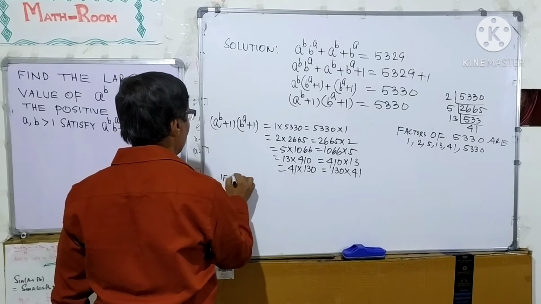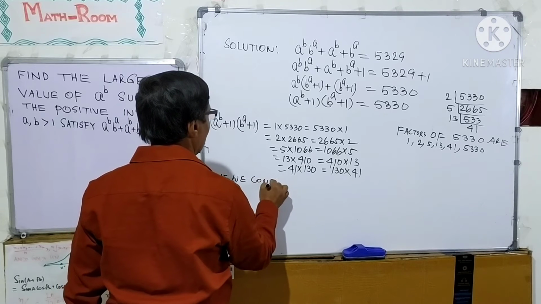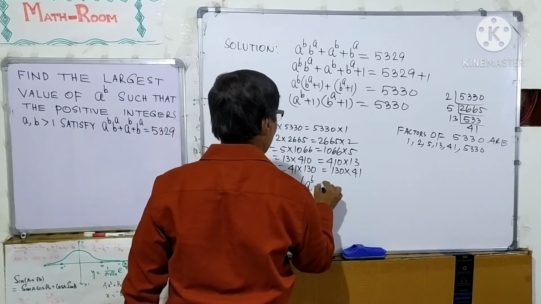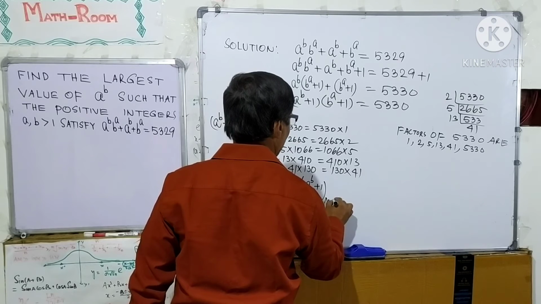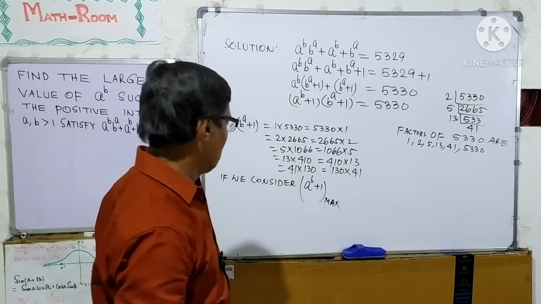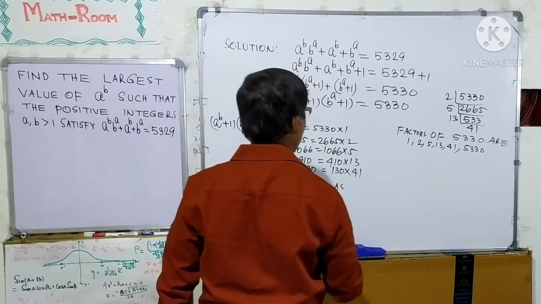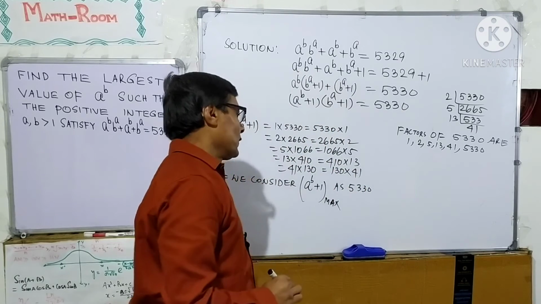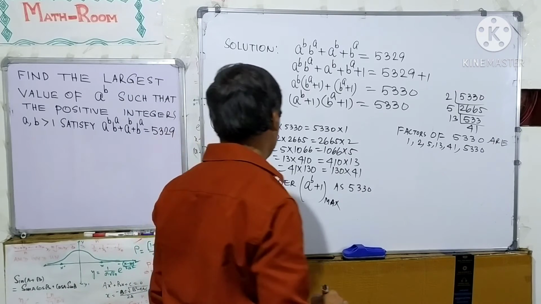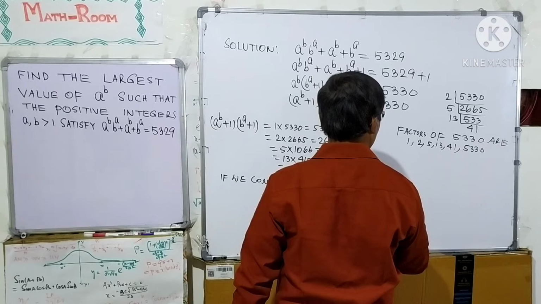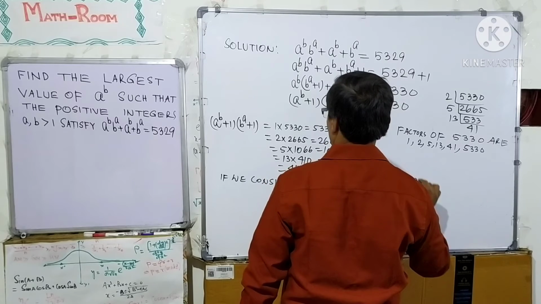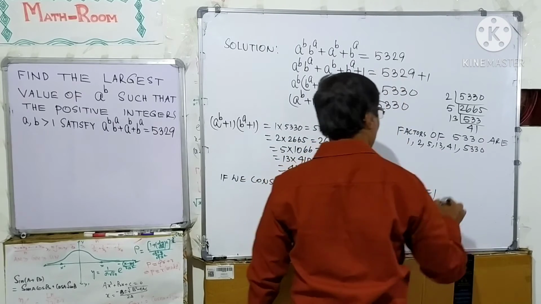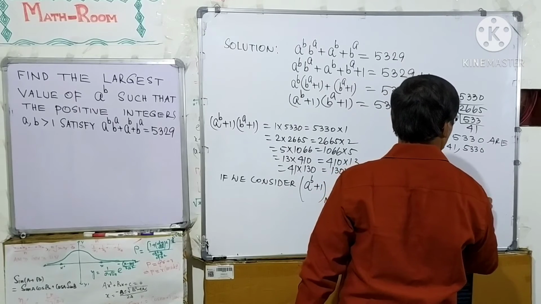If we consider the maximum value of a to the power b plus 1 as 5330, then b to the power a plus 1 equal to 1, which implies b to the power a equal to 0.